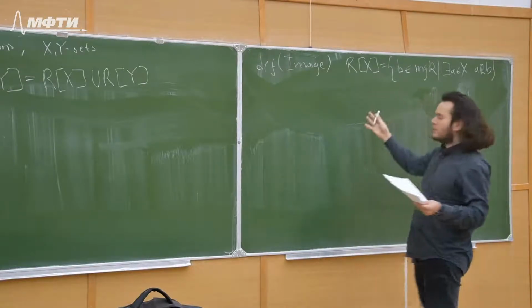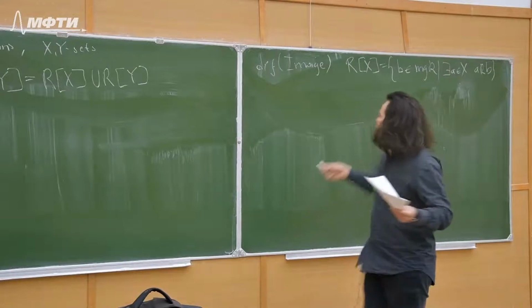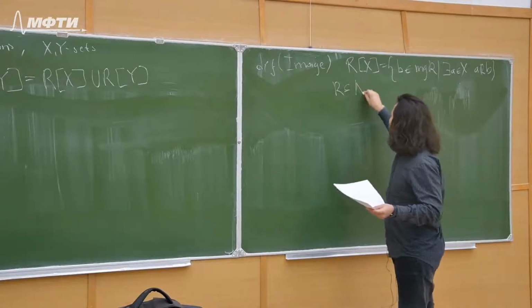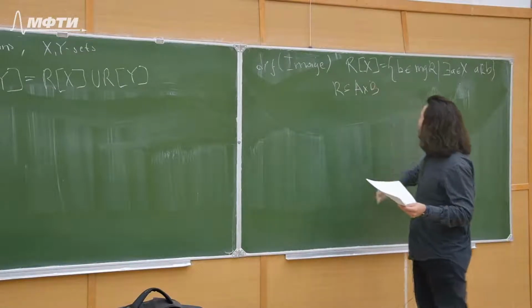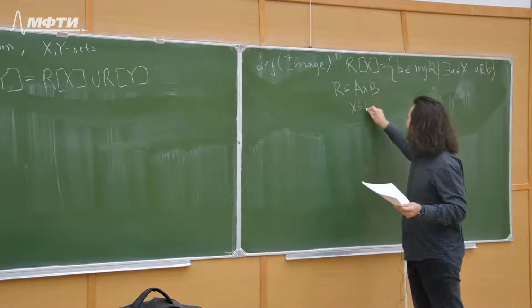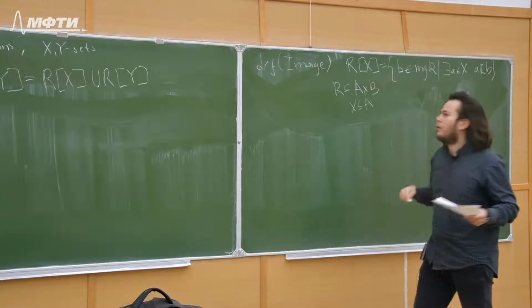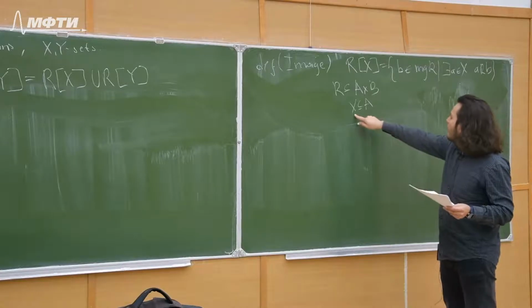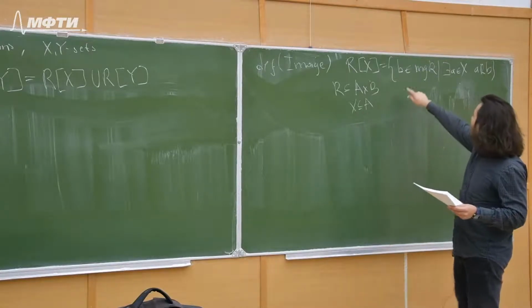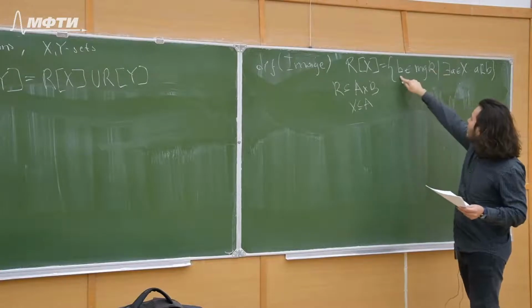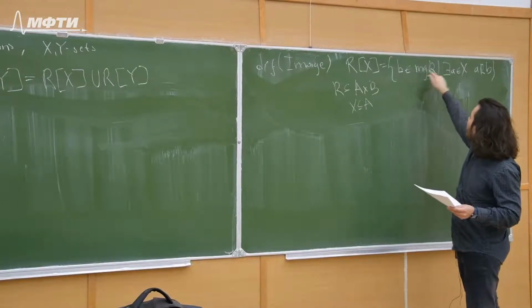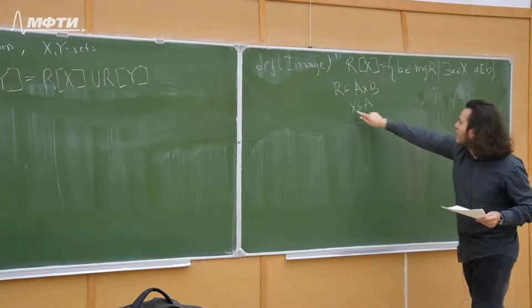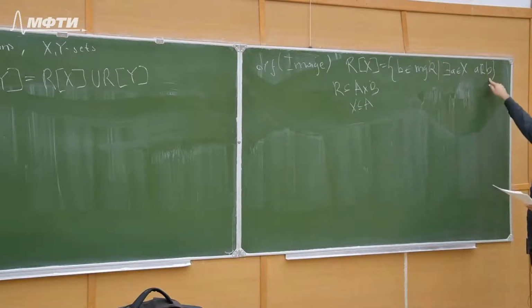We have, for example, that R is some binary relation between A and B, right? And in this case, we take X as a subset of A, right? And then we need to find all the elements B in the range of R, so in B, such that for them there exists some element in X, and they form an ordered pair.